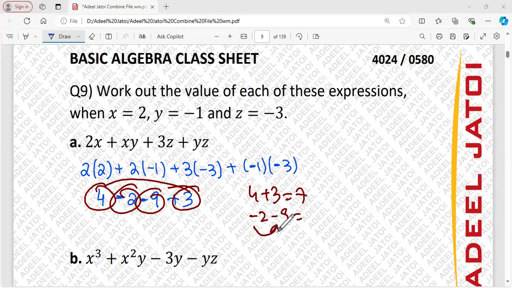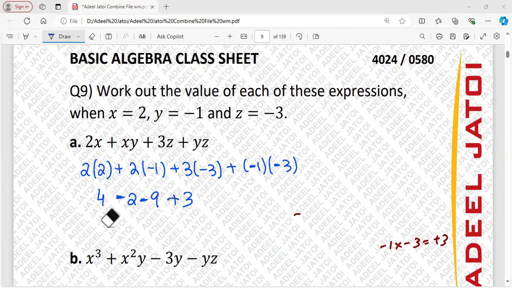Remember, minus minus is plus. So this would be 11, but with the sign of the greater number. Only the signs in multiplication will be changed. For suppose -1 and -3, if multiplied, this will be +3. When you have brackets, that means you are multiplying. -1, -3, this will be what? +3. So what we have here is 4 minus 2 minus 9 and plus 3.